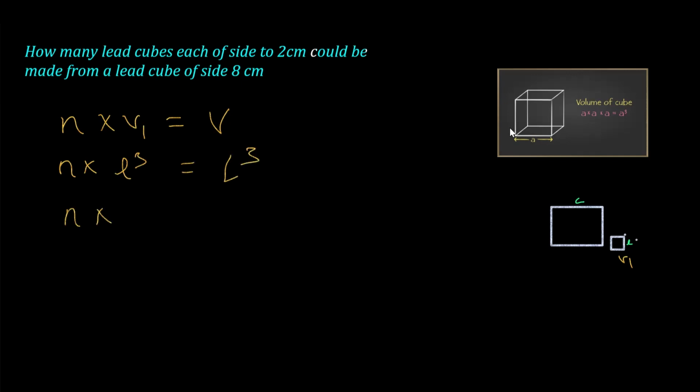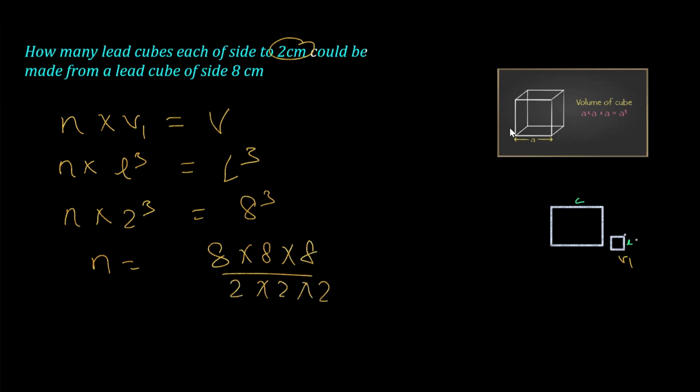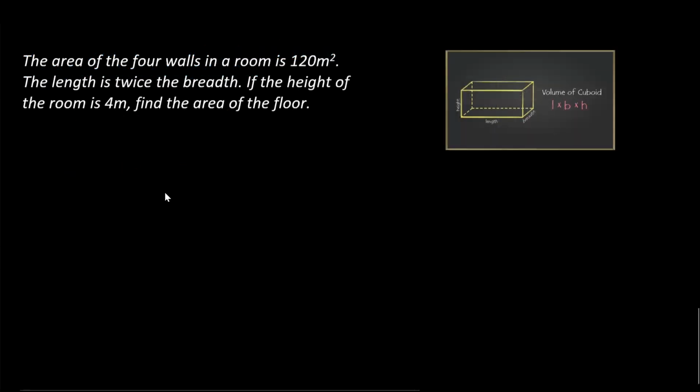Now we have the value of this as 2, so this is 2 cube and this is 8 cube. So n is 8 into 8 into 8 divided by 2 into 2 into 2. This is 8, and 8 and 8 get cancelled. That results in 8 into 8, that is 64 such cubes can be made.